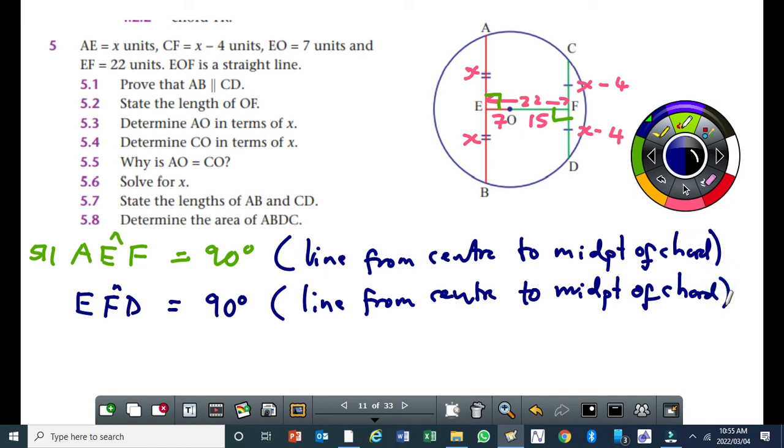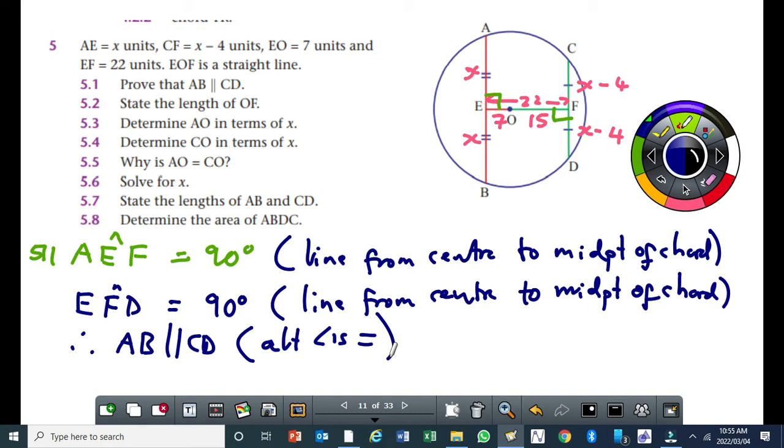Therefore, now look here, we have those two angles being equal, and because of that we can say, therefore, AB is parallel to CD, and the reason is alternate angles equal.